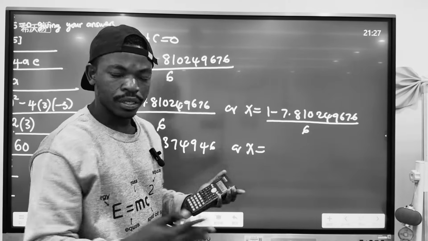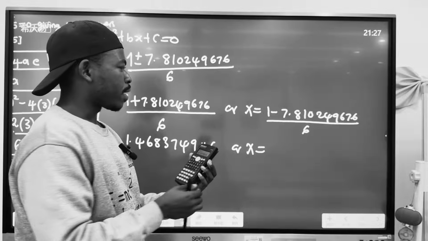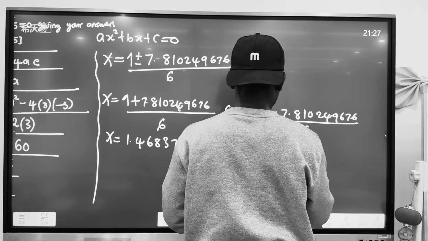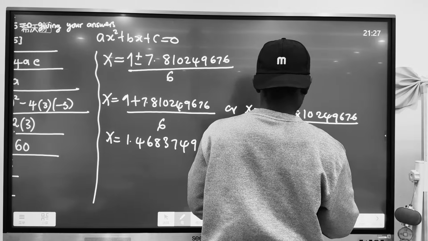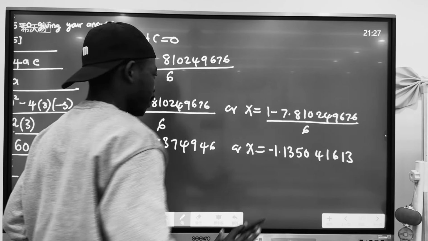If you want, you can write it down. It's okay if you have time. Then I'll say divided by 6. So I have negative 1.1350411613. Okay, we are almost there.